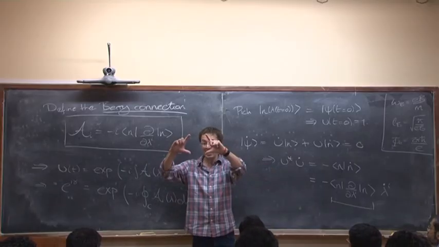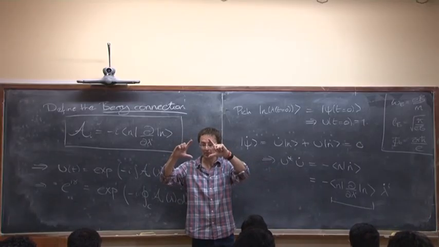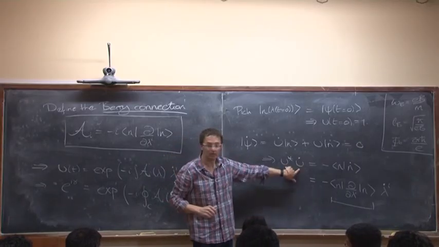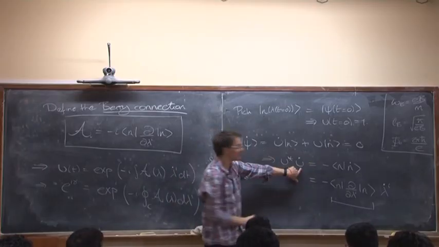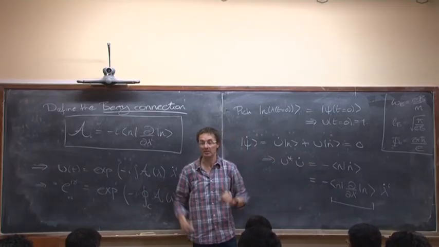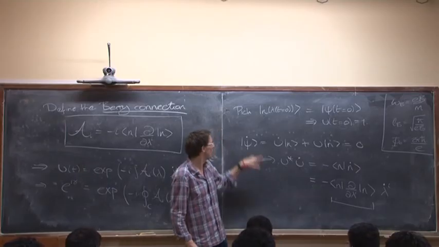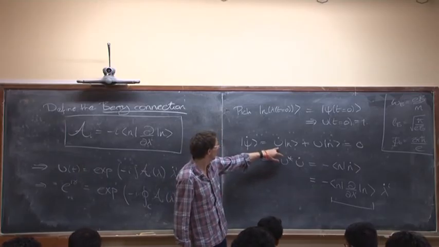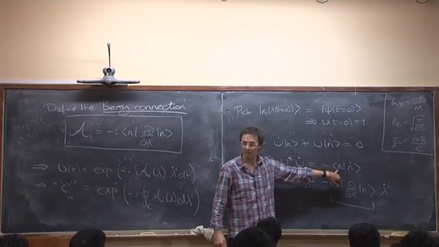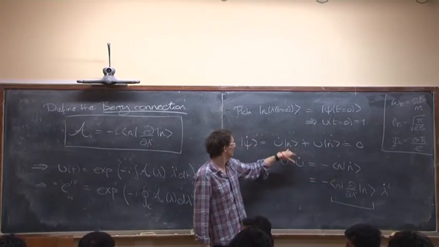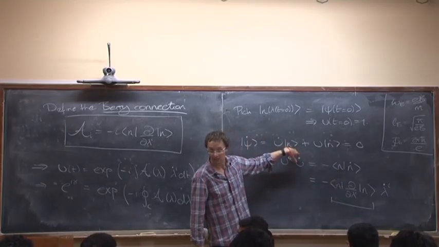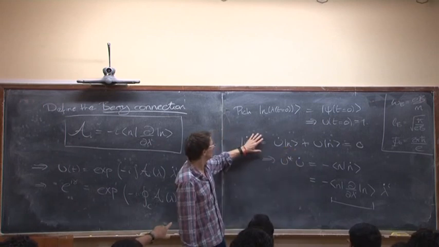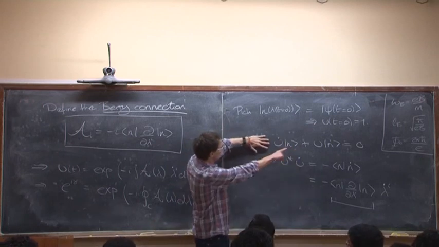Yes, n with n is 1 by definition. If you put n on either side of this, these are just numbers, not operators, so it's the same thing as 1. I took the overlap with n, then you overlap with psi, but that's equal to 0. We just solved the next one.